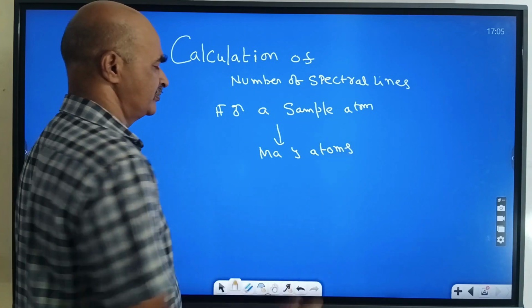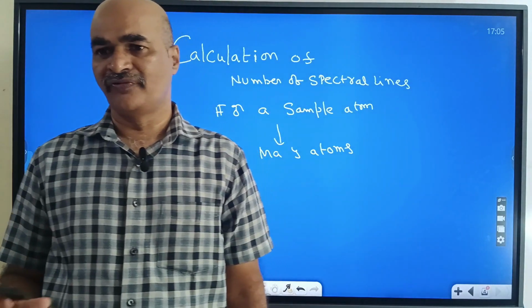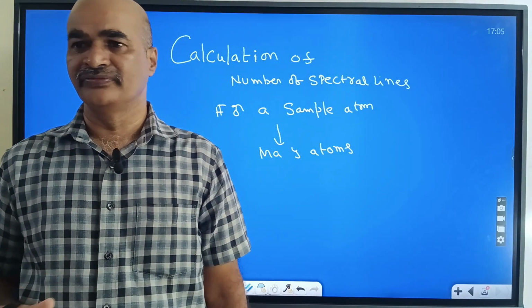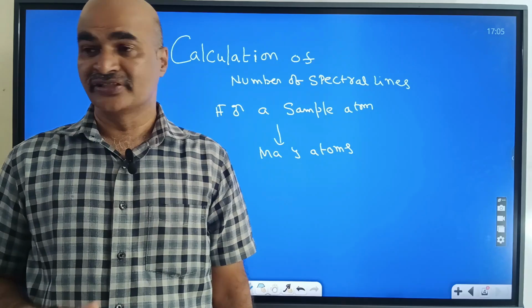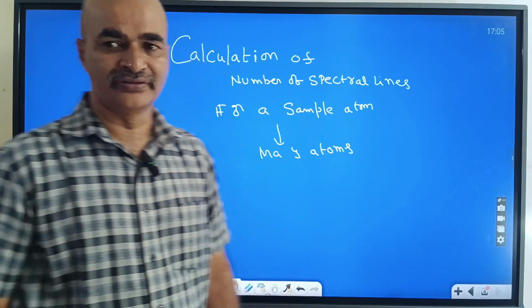A sample of atoms consists of many atoms. Okay, case 1.